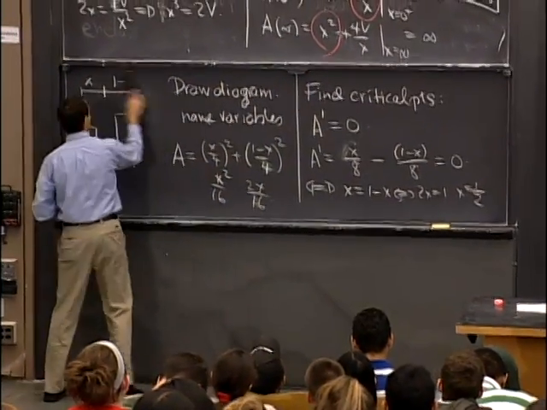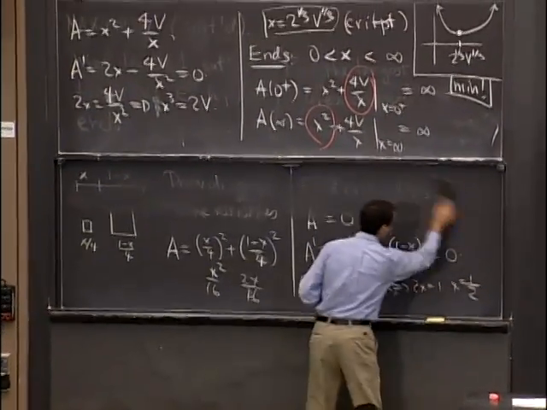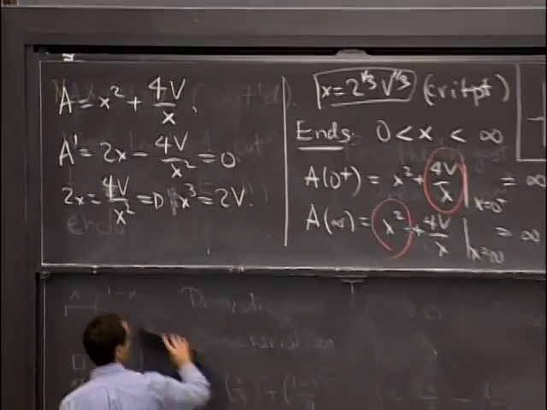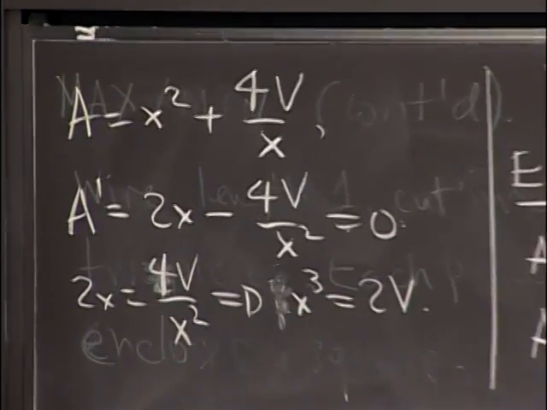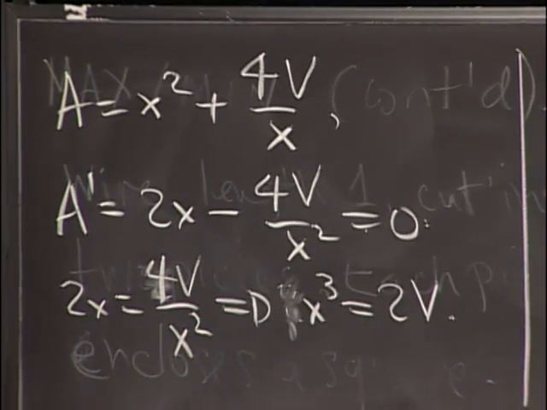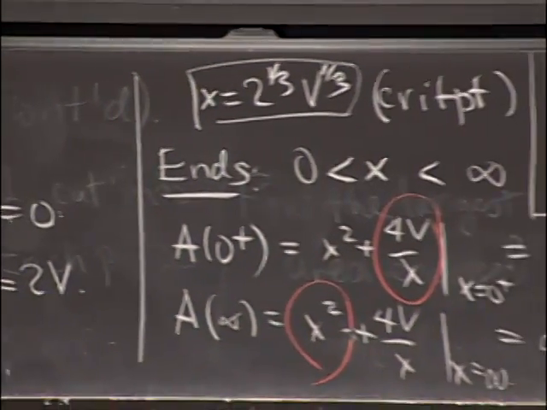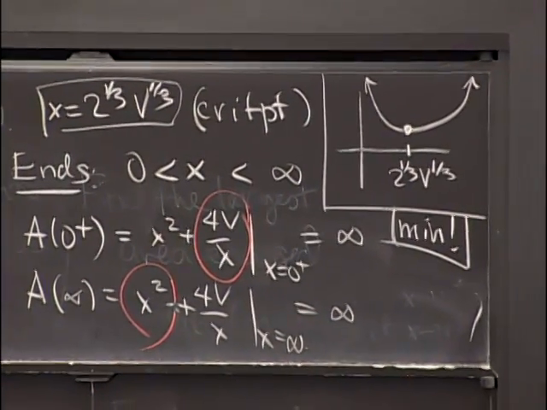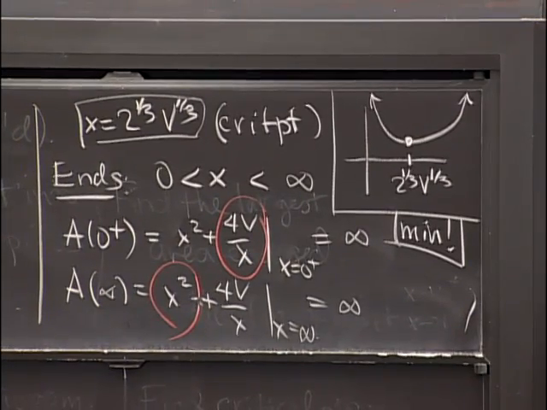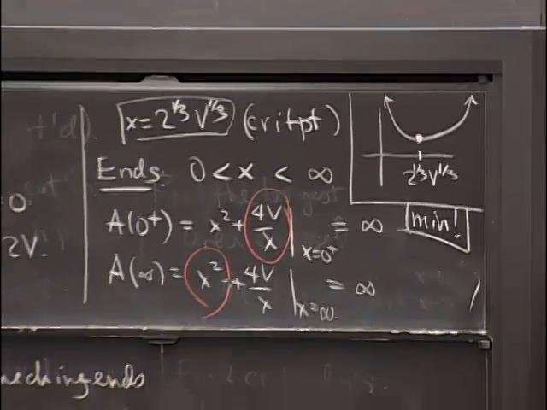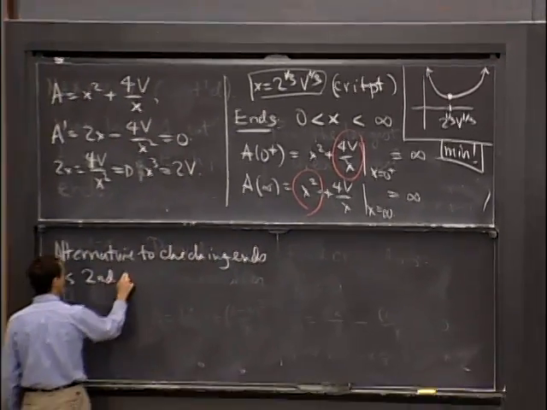Now, since you asked earlier, and since it's worth checking this as well, let's also check an alternative justification. So an alternative to checking ends is the second derivative test.